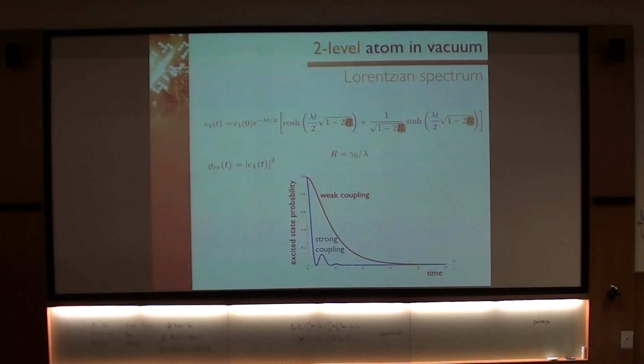Because you see here, we know also from quantum optics that what happens in the strong coupling regime is that the excited state probability oscillates because the atom, being strongly coupled with a Lorentzian on resonance, exchanges energy with the cavity, with the mode of the cavity which is resonant to it. So it really exchanges excitation.